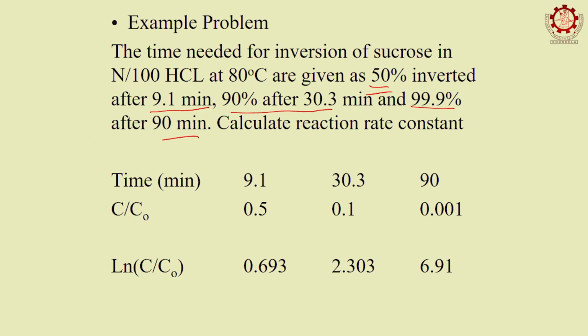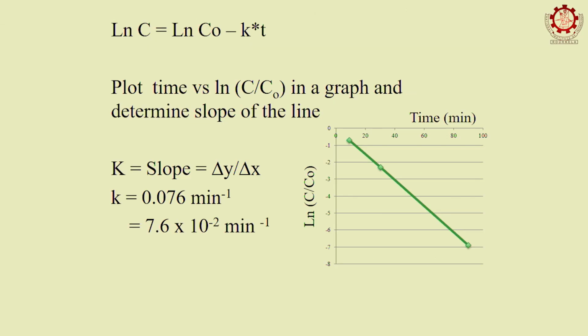In many of these problems, you take the problem, read it, understand the concepts, and then put the data into a table so that you can make a graph and do your calculations. You have the processing time and the concentration, then you take the logarithm of the concentrations and plot them against time, and the slope gives you your k value, the rate constant.